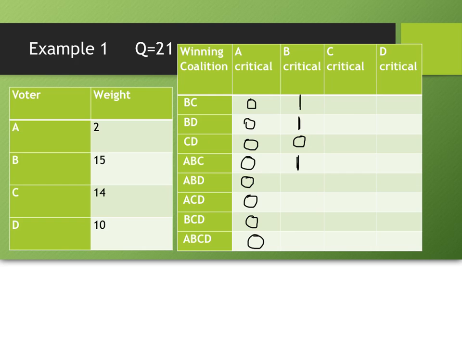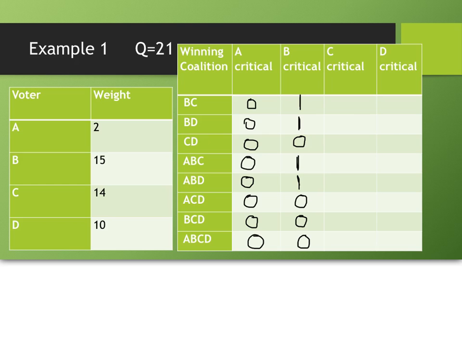If I delete B, I get A and D, that doesn't win, so B is critical. A, C, D, that doesn't have B in it. If I delete B from B, C, D, well, C, D still wins. So B was not critical in that winning coalition. And for a similar reason, if I delete B here, A, C, D still wins. So B is not critical in that coalition.